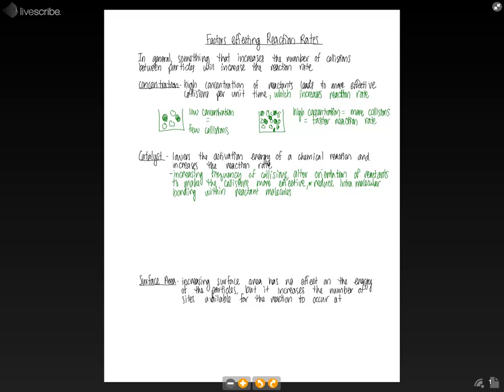So by reducing their bonding, they can form products faster. So these will all result in a faster reaction rate. And another thing to note is that catalysts are not consumed during the reaction.